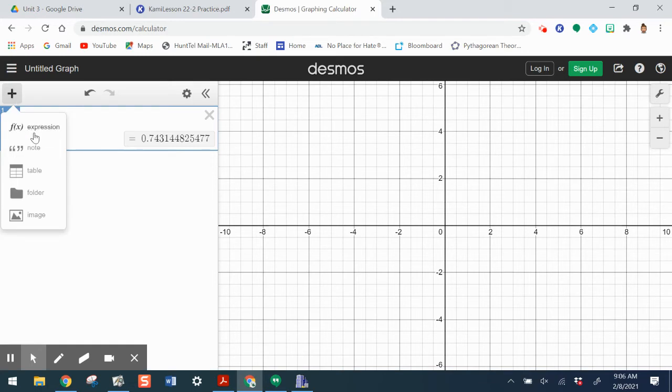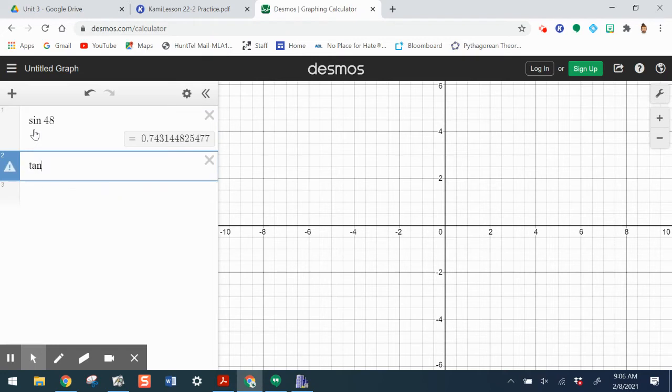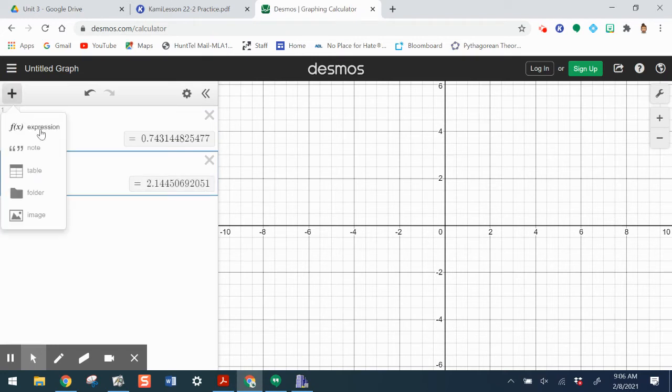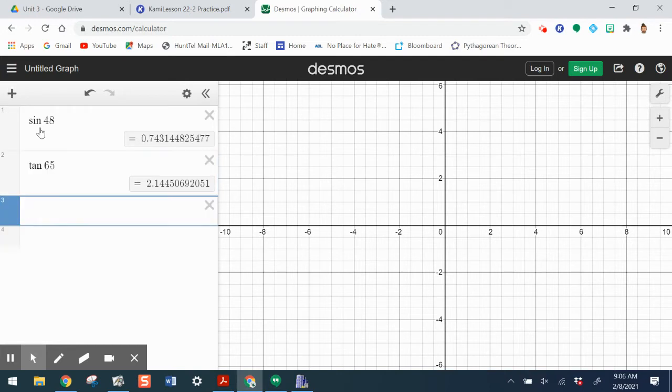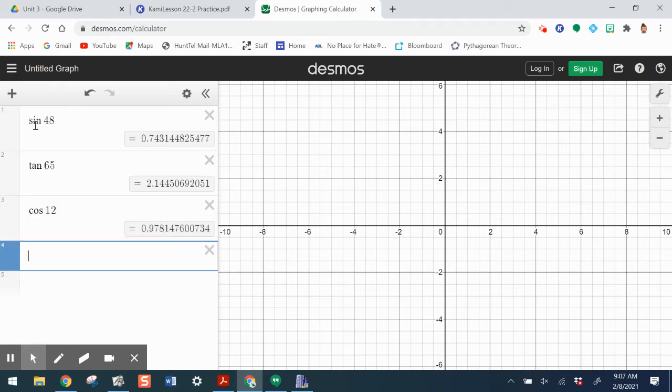So the tangent of 65, we'll just simply start typing TAN, 65. We'll round that in just a moment. The cosine of 12, so COS for cosine, 12. And last, the sine of 90.